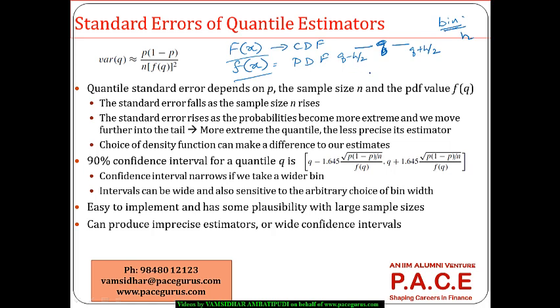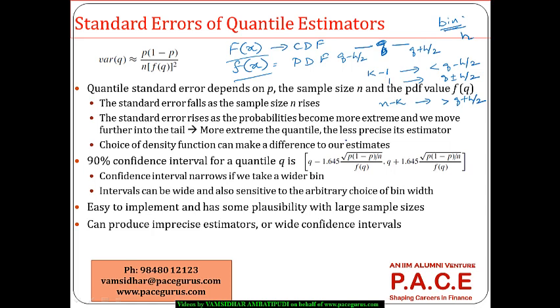I will assume that there are k minus 1 observations below Q minus h by 2, one observation lying between Q plus or minus h by 2, and n minus k observations greater than Q plus h by 2.